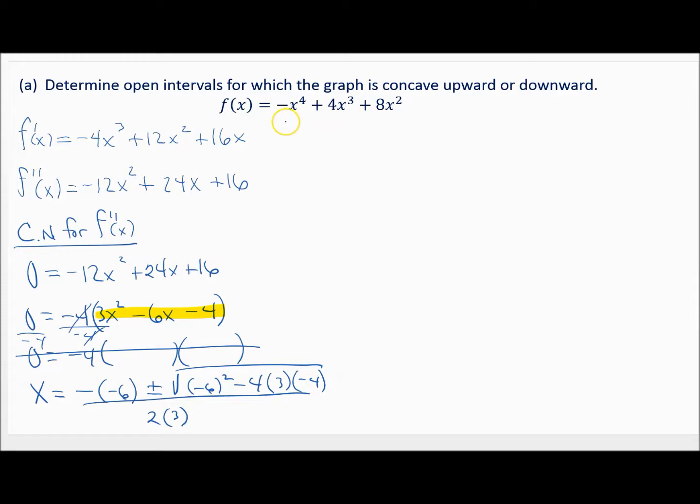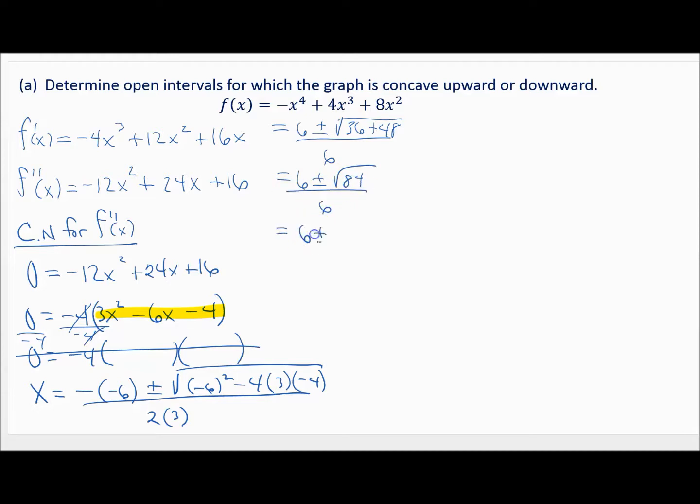So I continue. I'm going to come to the top of the page to simplify. So that gives me 6 plus or minus the square root of, that's 36, plus 4 times 3 is 12 times 4 is 48, all divided by 6. If I continue to simplify, that's 6 plus or minus the square root of 84 divided by 6.